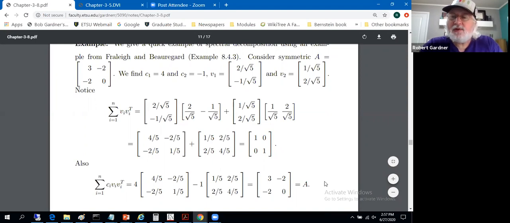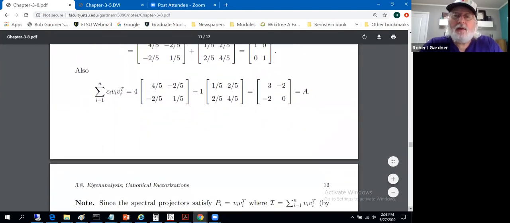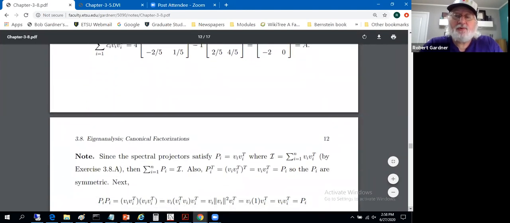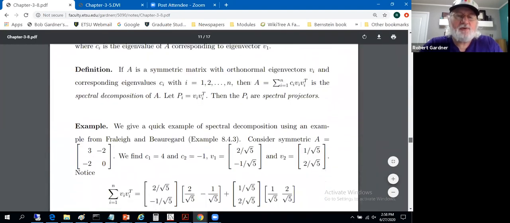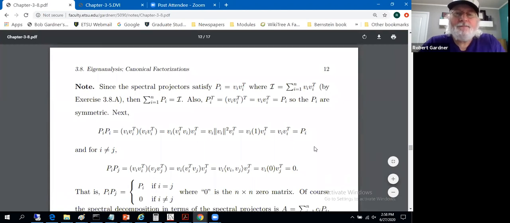So for the sake of illustration, probably a new idea to you, there are spectral projectors and spectral decompositions of a matrix. The spectral projectors satisfy this equation. That's their very definition.